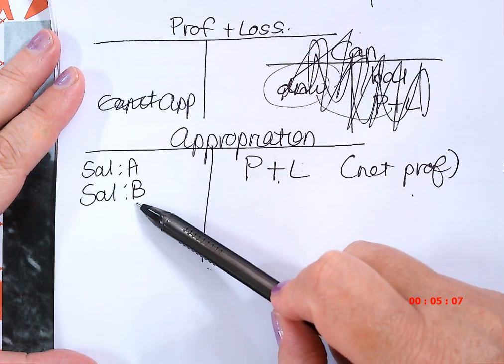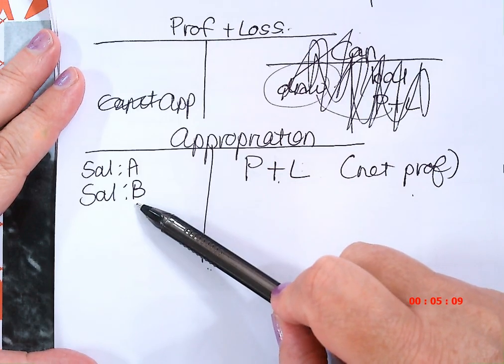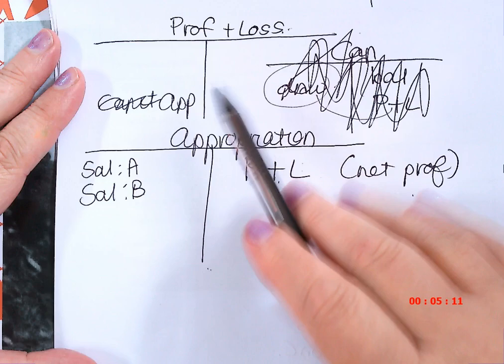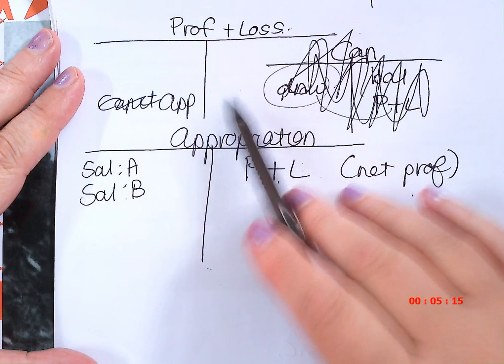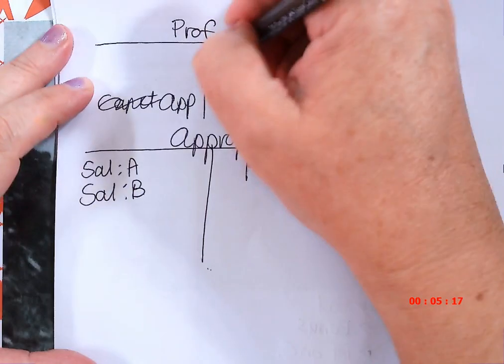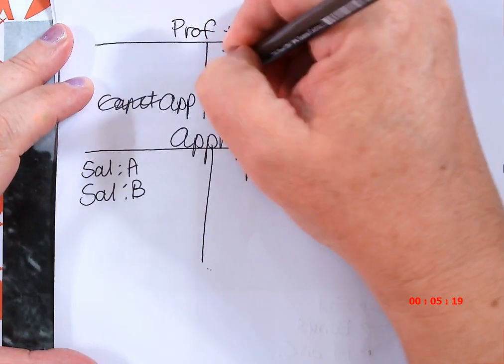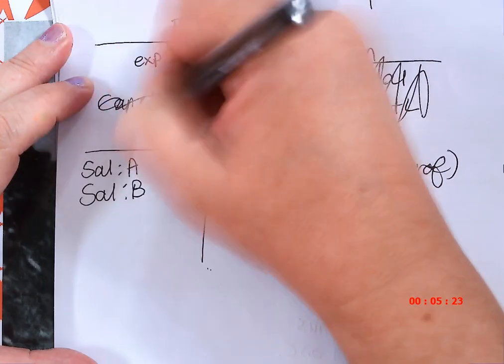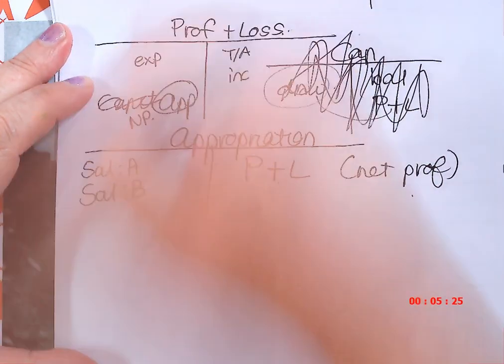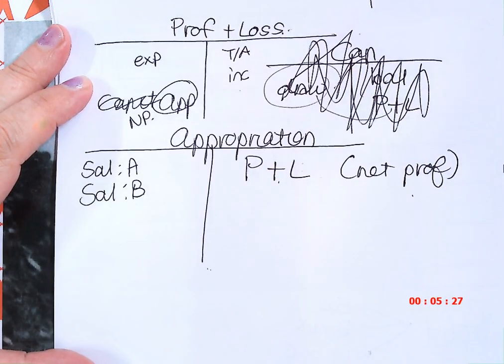How do I know that? What is the profit and loss T account again? The profit and loss T account is literally my trading account, all my incomes, all my expenses, and this is my net profit. Now, if you think about your income statement, where does the net profit lie?